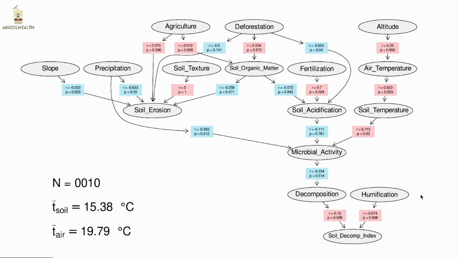That is because of only 10 samples. But after about 3,000 samples, you can see that all connections are logical, as we have expected.